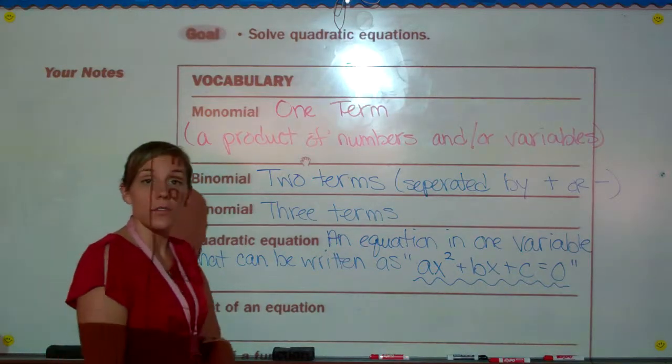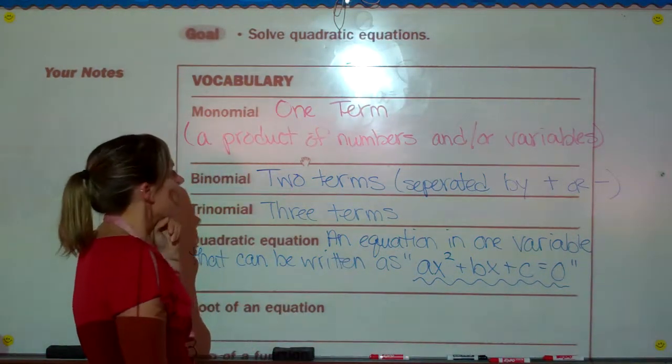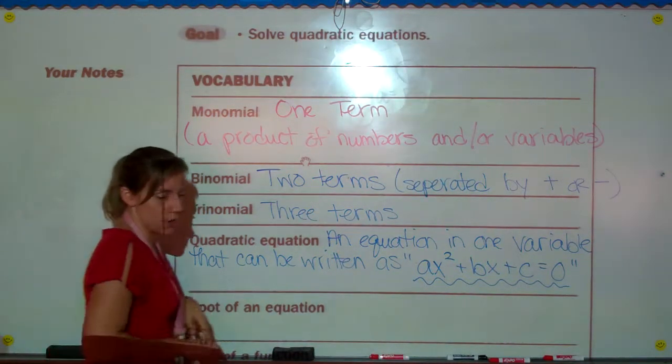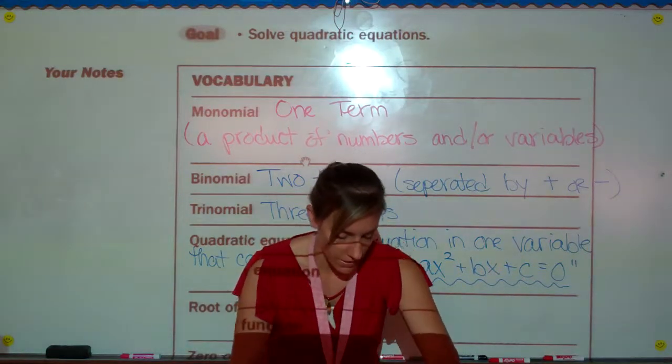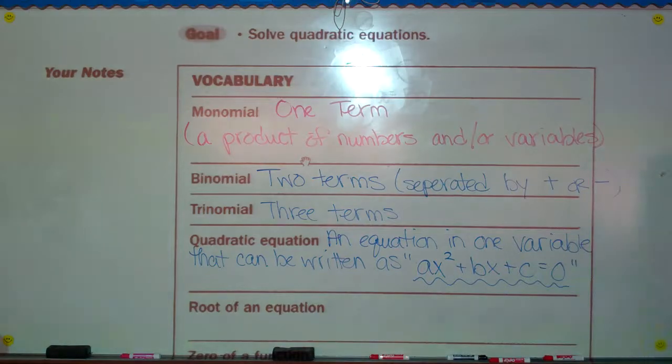Roots and zeros of equations, we're going to talk about those when we get more into solving, so let's just take a break from the roots and the zeros. So as you go down on those definitions, we'll just cross through those for now, and we'll come back to what those mean.